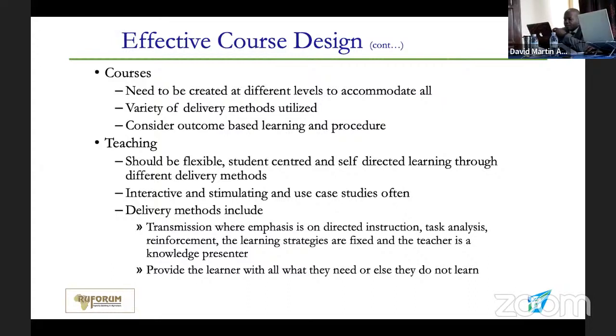Another point on transmission is that the lecturer provides the learner with all that they need to have. They are presenters, and therefore this is not more of what we call student-centered.